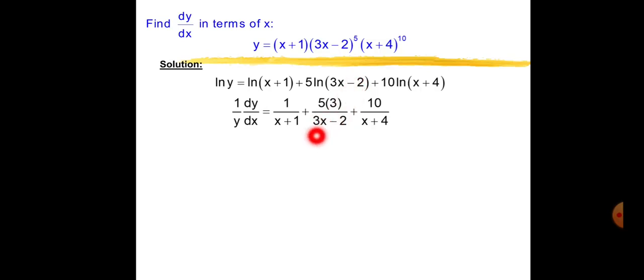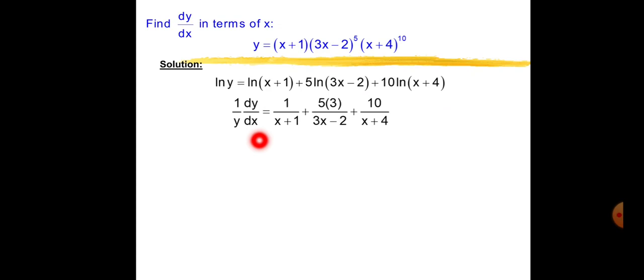So this is u here, and u prime, the derivative of what's inside, is 3. Or you can write 1 over 3x minus 2 times the derivative of what's inside, which is 3. Then 10 times ln of x plus 4. The derivative of ln of x plus 4 is 1 over x plus 4 times the derivative of what's inside, which is 1.